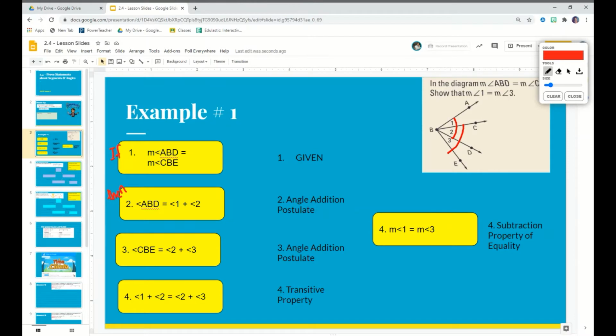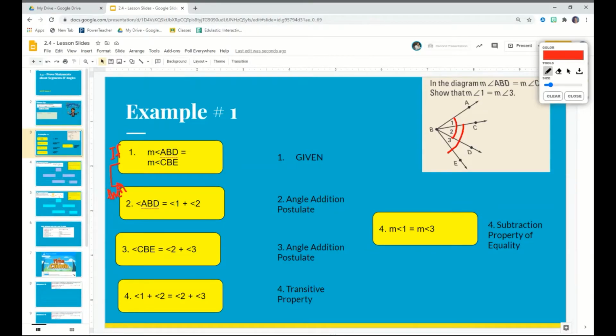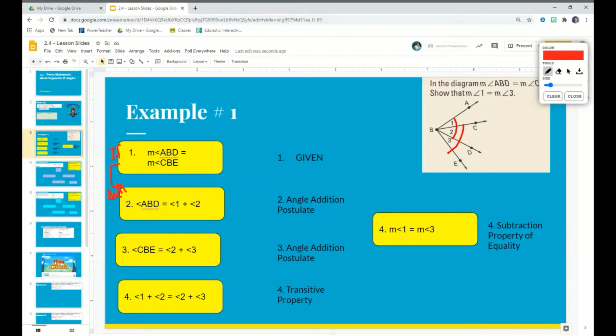Segment addition postulate. All right, segment addition postulate.